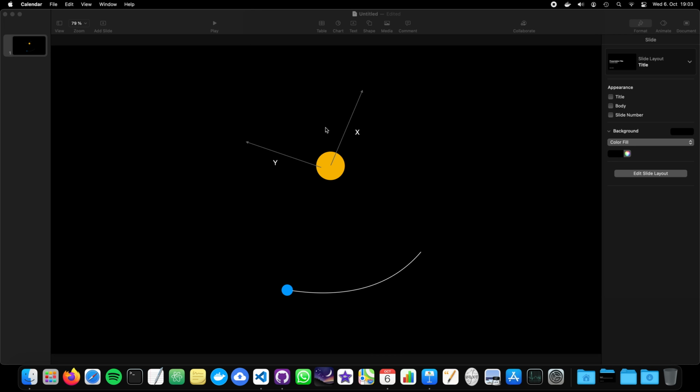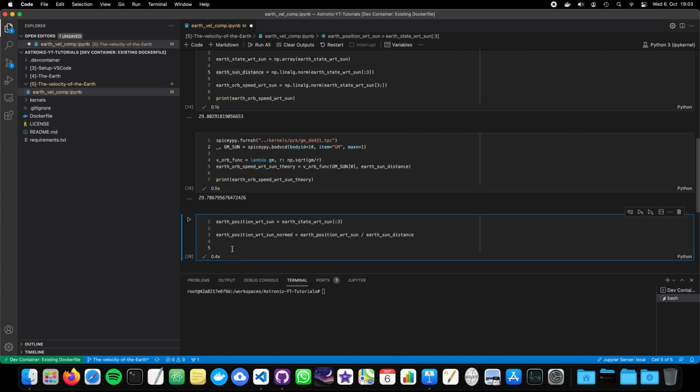So let's compute this angular distance, and this is also why I normalized the vector, because what will I use to compute the angle? I will use the dot product. The dot product is equal to the norm of the two vectors times the cosine of the angle.